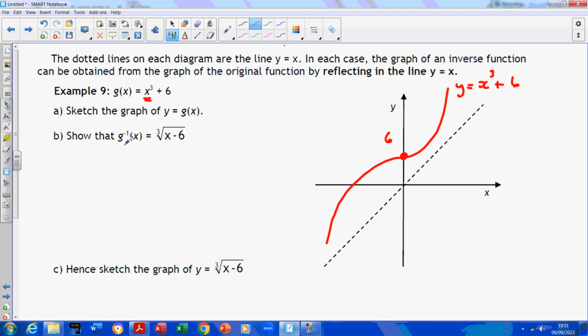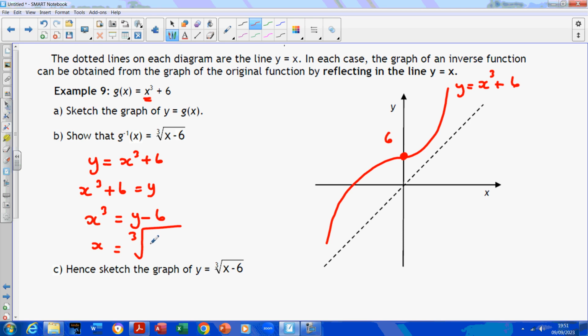We now want to show that g inverse is that. So we do the same as what we did before. y is equal to x cubed plus 6. Read it round the other way. x cubed plus 6 is equal to y. So x cubed is equal to y minus 6. I don't want x cubed. Take the cube root.